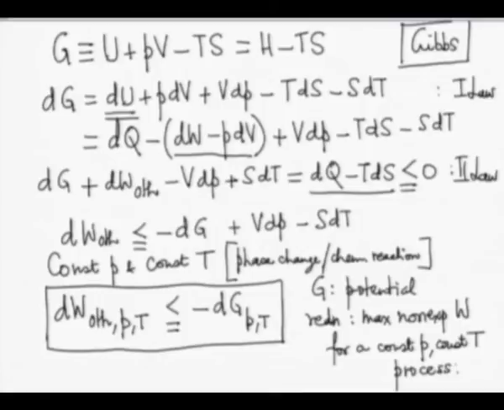And that is why, just the way the Helmholtz function is sometimes named Helmholtz potential, the Gibbs function is often named Gibbs potential or Gibbs free energy.